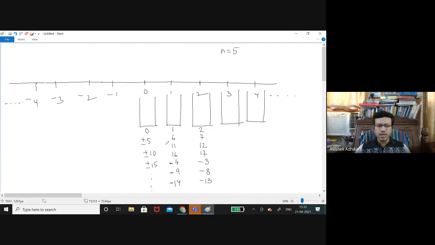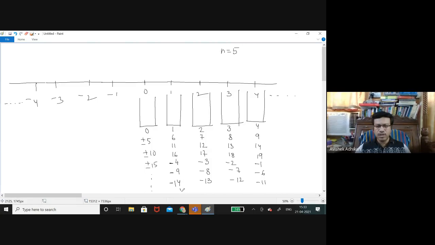Similarly, each of this bucket will contain infinitely many such elements. So 3, then 8, then 13, 18, and -2, -7, -12, and so on. So here 4, then 9, then 14, 19, -1, -6, -11, and so on.